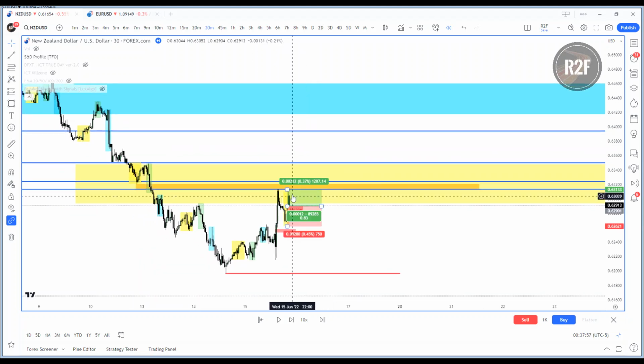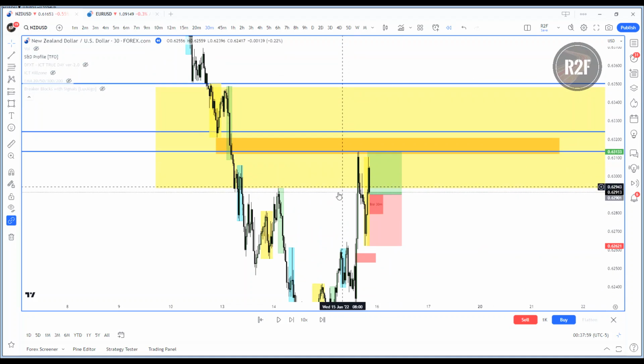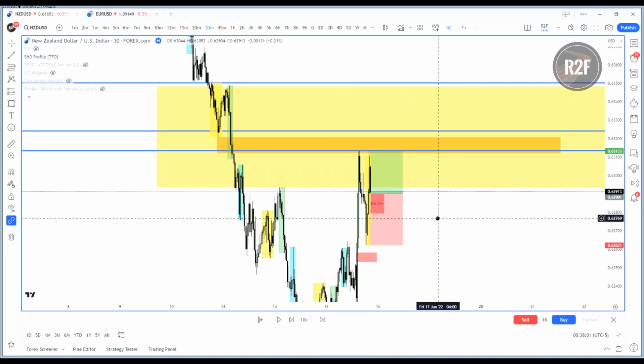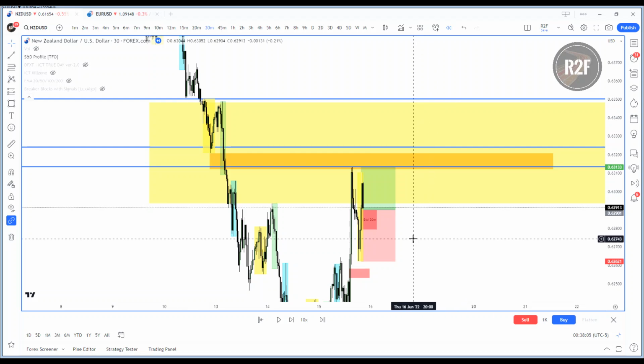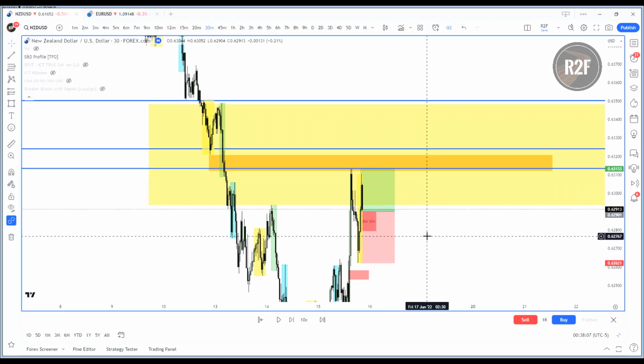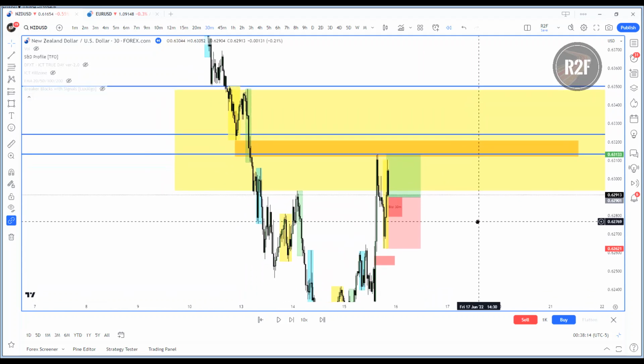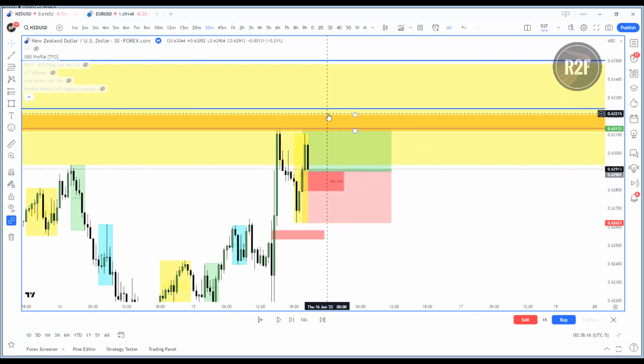Depending, you could take all your profits here, or take some, scale to break even. This all depends on your strategy, your personality, something you vibe with, and something you're comfortable with, right? Everyone's different. For now, we're just looking at the concepts.